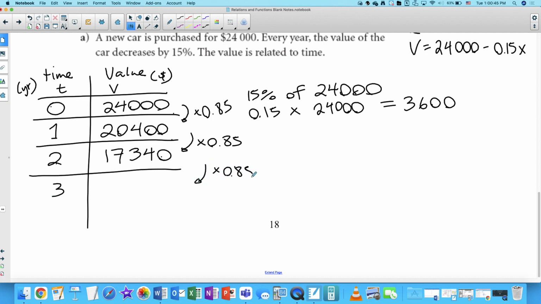Okay. This is not a constant change. This is also an exponential situation because we keep repeatedly multiplying by the same value, right? This is a depreciation situation, where the value of something is depreciating.